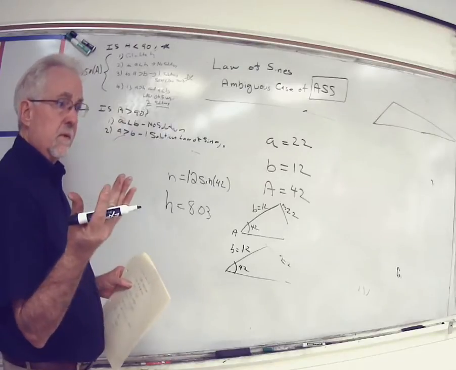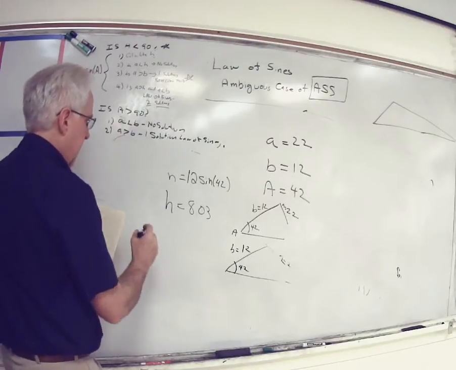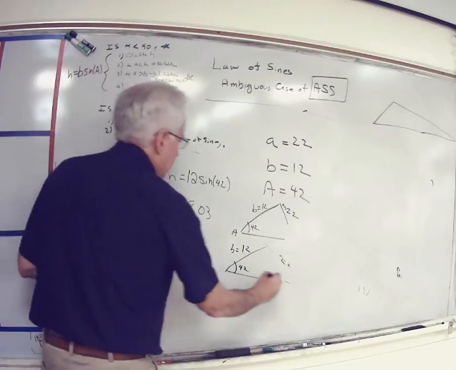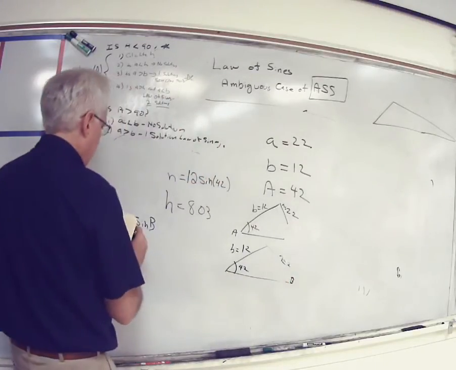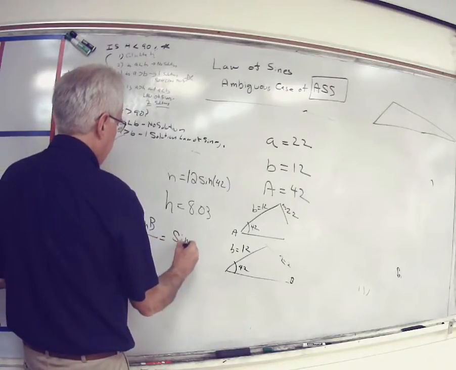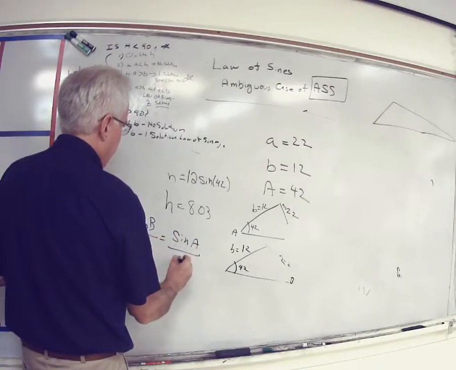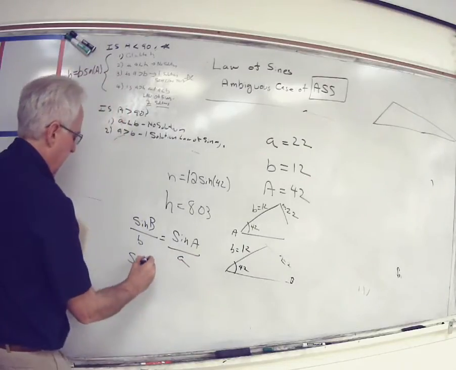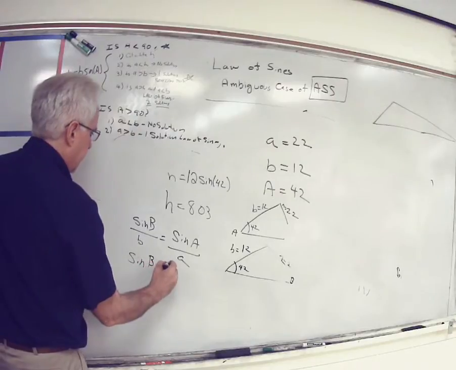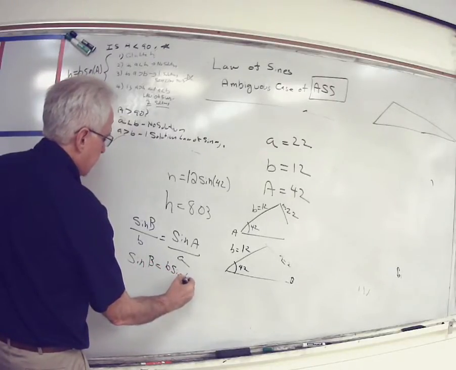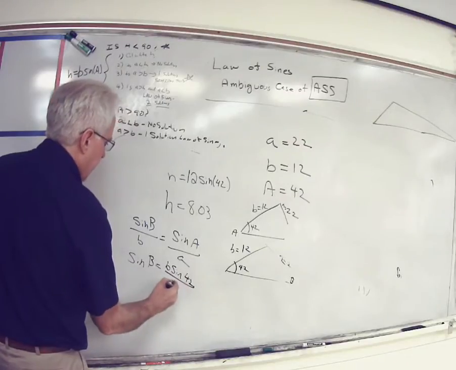You use the Law of Sines. I would say sine of big B over b is equal to sine of A over little a. Now sine of B is equal to b sine of A, which is 42, over a.